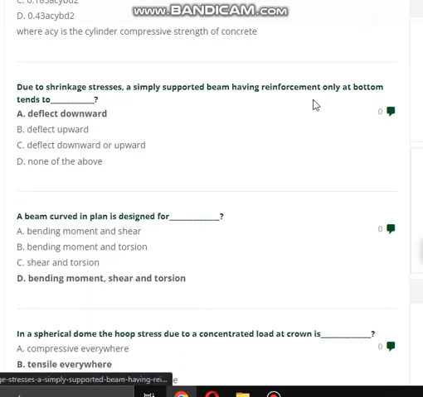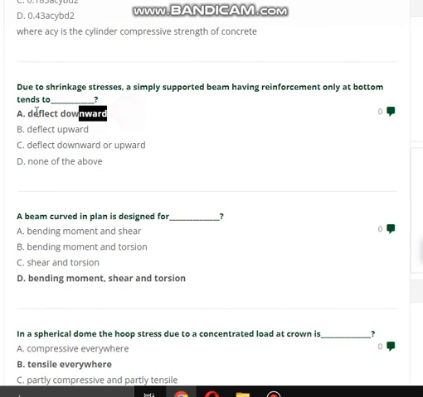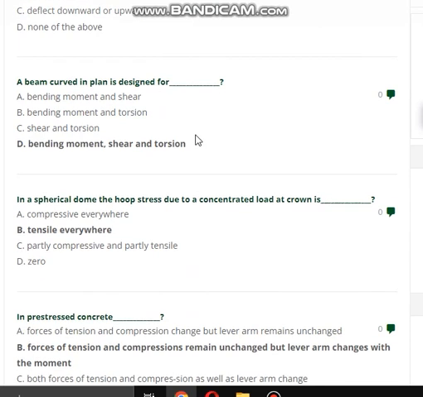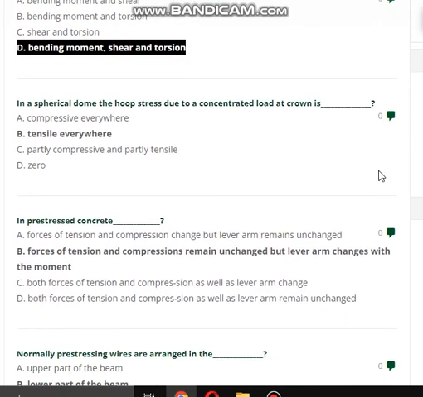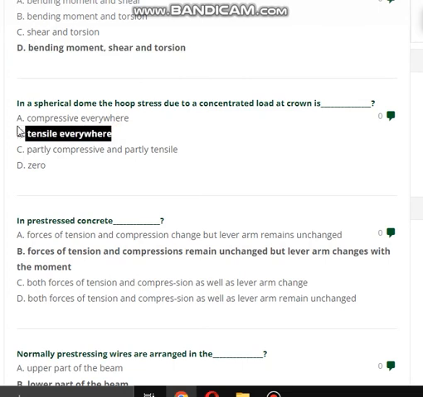Due to shrinkage stress, a simply supported beam having reinforcement only at bottom tends to deflect downward. A beam curved in a plane is designed for bending moment, shear and torsion. In a spherical dome, the hoop stress due to a concentrated load at crown is tensile everywhere.